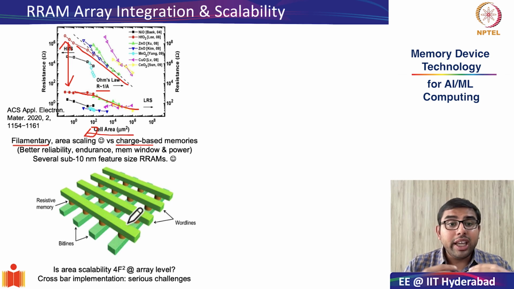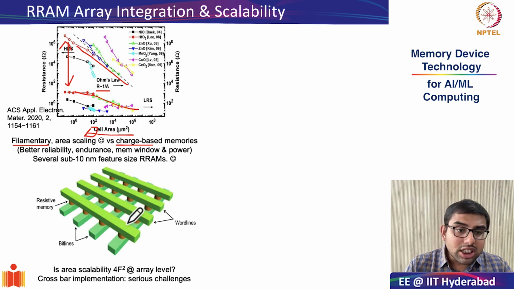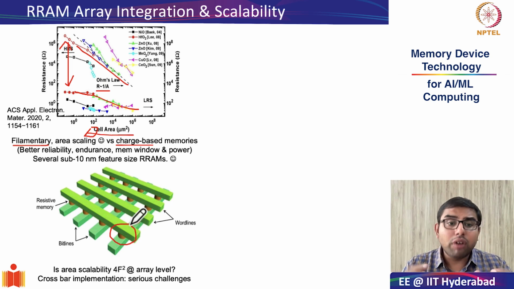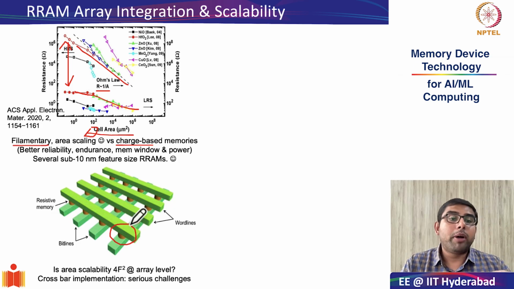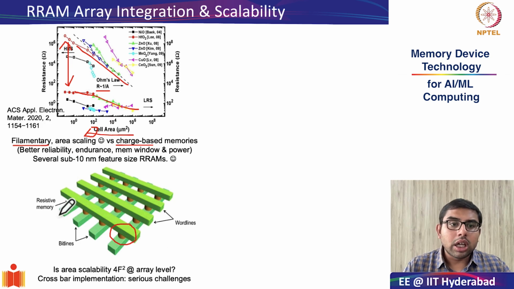One of the key interesting features of RRAMs is not just that you can arbitrarily reduce the area of the cell and make it comparable to a nanometer size filament, but also that you can pack many of these RRAMs in a crossbar array configuration, where you have bit lines and word lines arranged in a crossbar fashion, and at the intersection of a bit line and word line you have a resistive memory element.